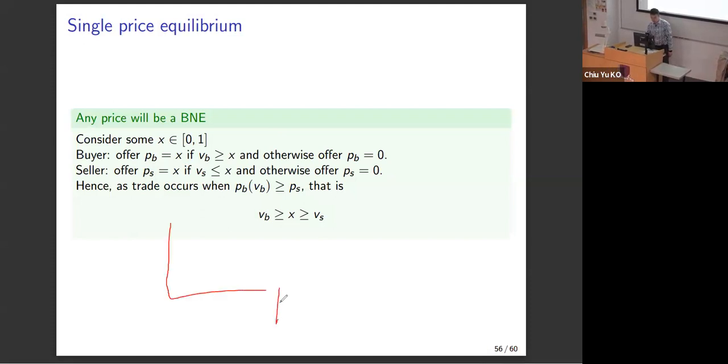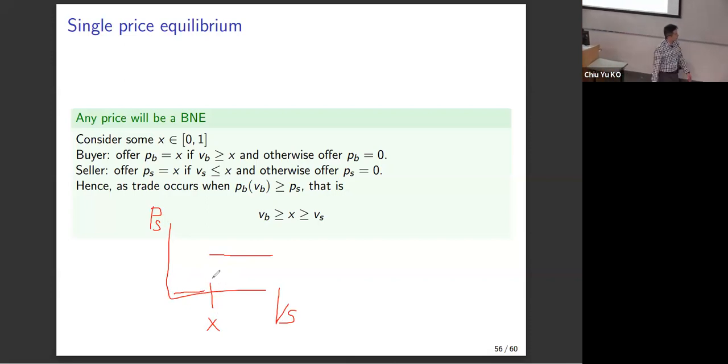You'll be thinking V of S, P, and it will be something like a cut off. There's some X there, fixed at a level, otherwise below that it will be 0. It's more like a cut off strategy. You cut off somewhere.